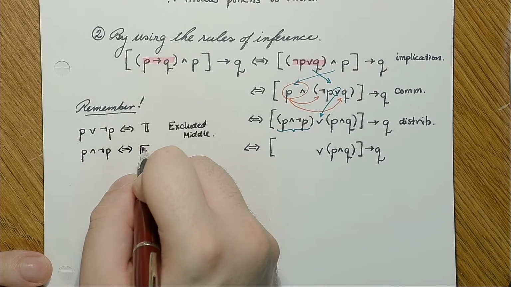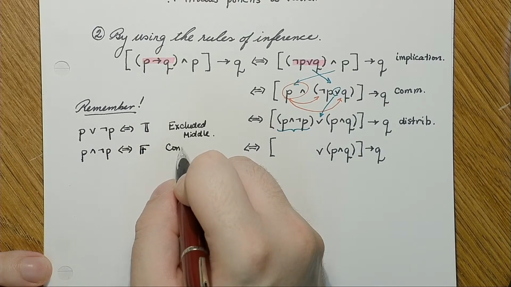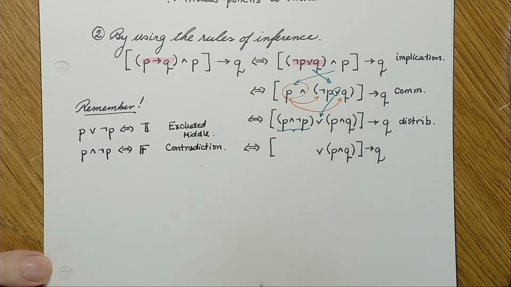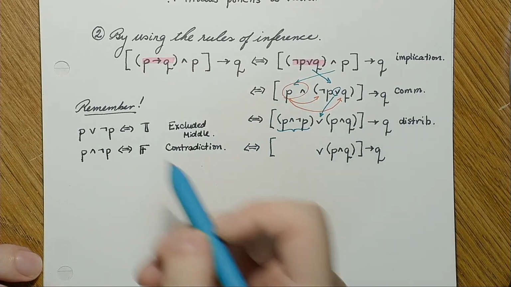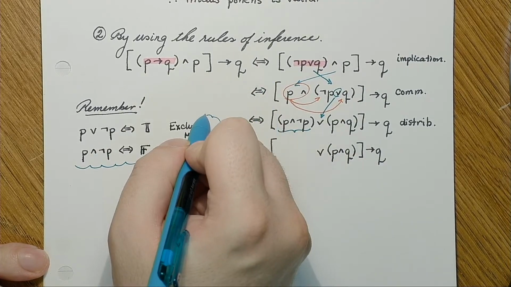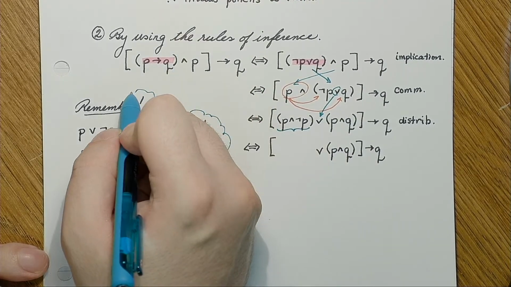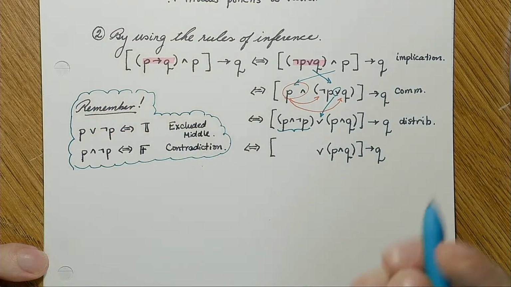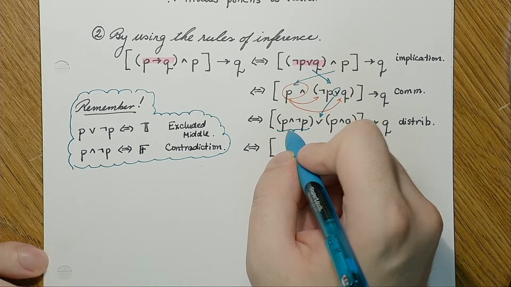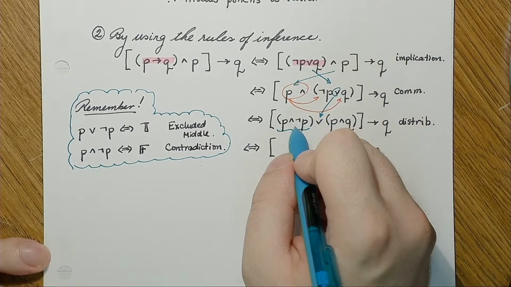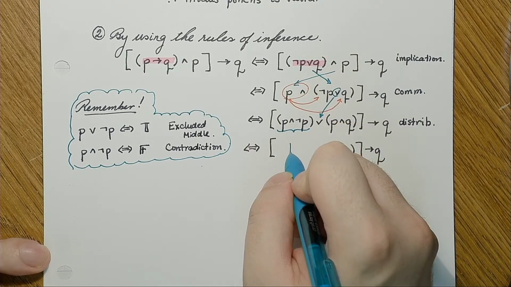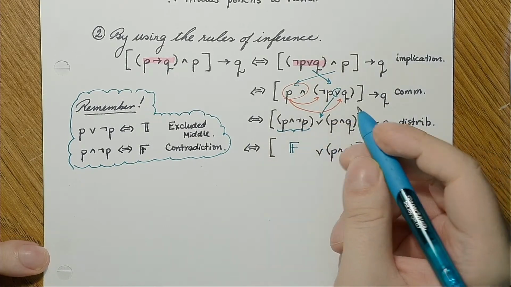That's a contradiction. Wow, this is not the way I did it. Okay, that's okay, there are lots of ways of doing it. P and not P is a contradiction.